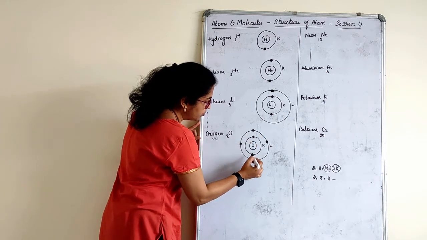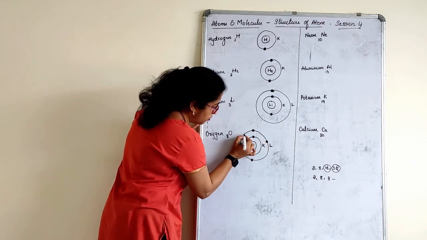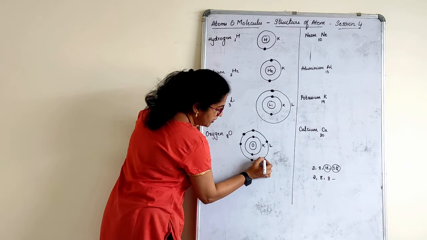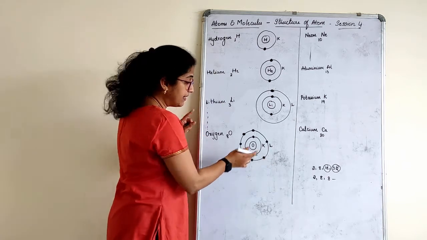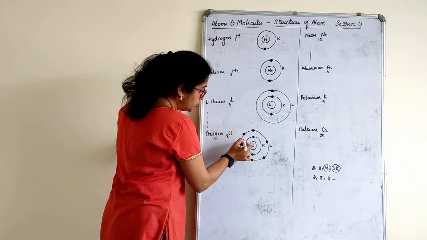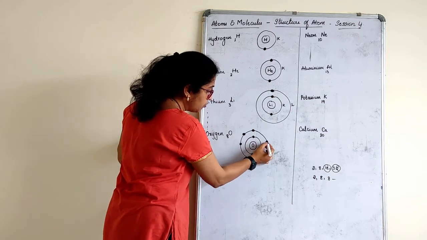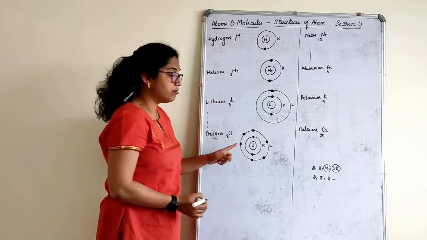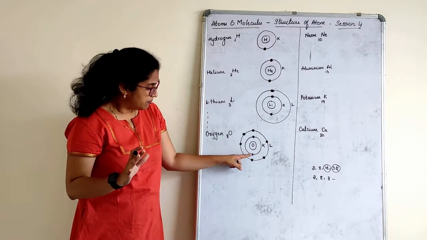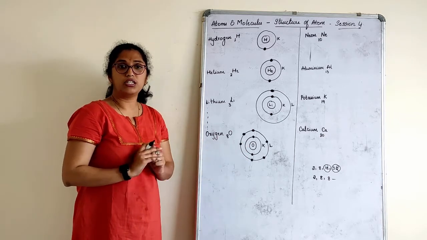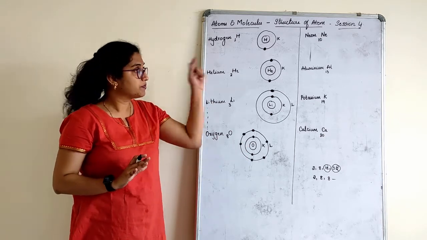Count 1, 2, 3, 4, 5, 6 over. How many did I fill in the outer shell? 6. What is the capacity, children? 8, no? 6 I can fill. Plus 2 is 8. Oxygen is completed? Completed.